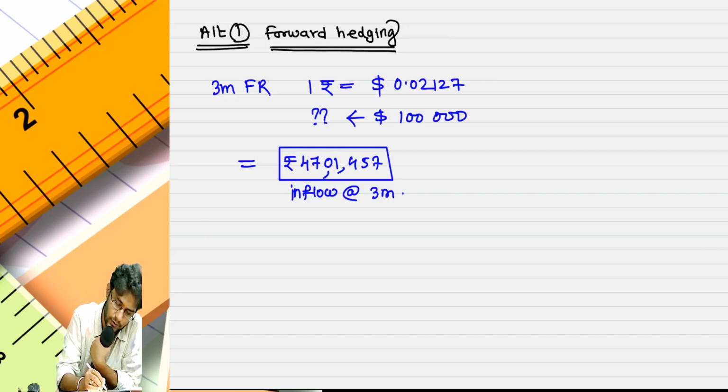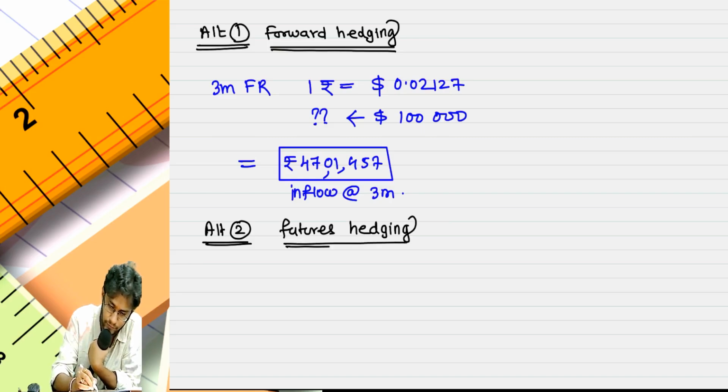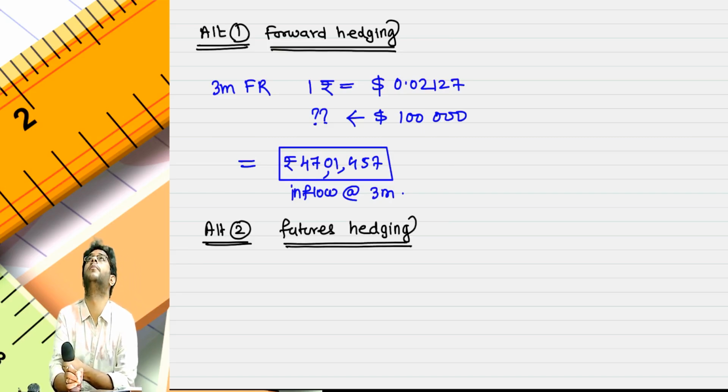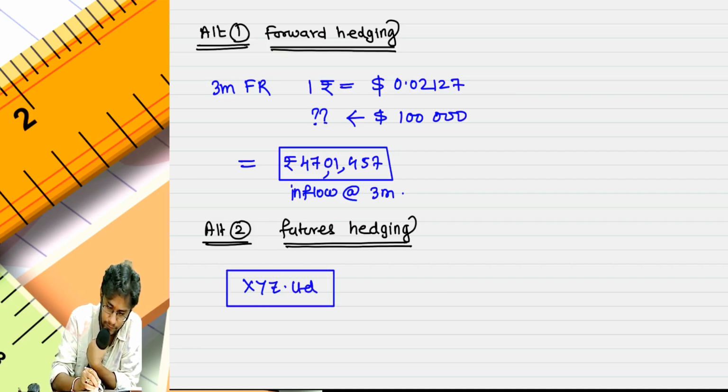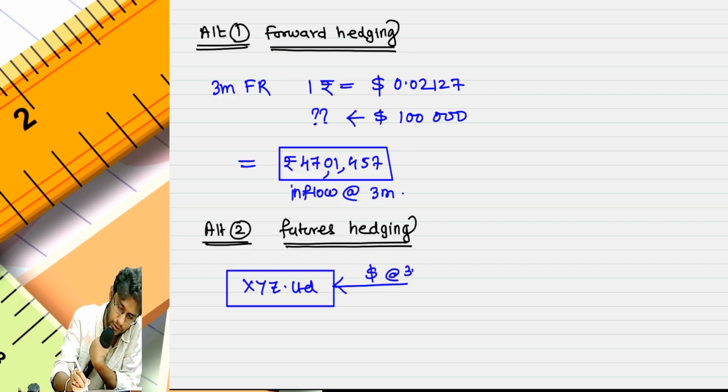Forward hedging is always easy. Alternative 2: futures hedging. So think, XYZ Limited has a dollar receivable at 3 months' time.